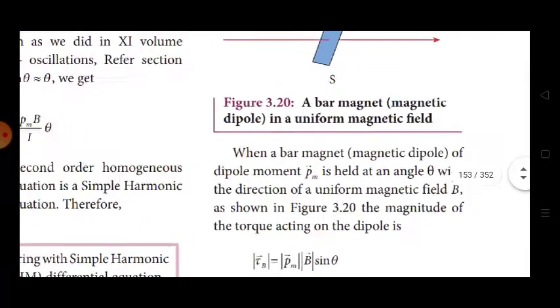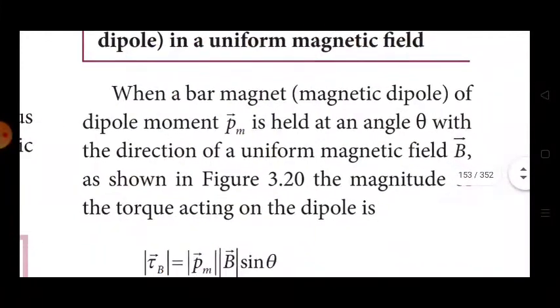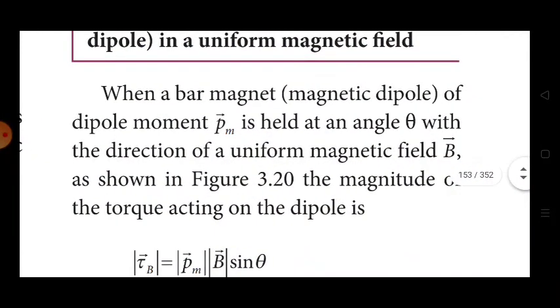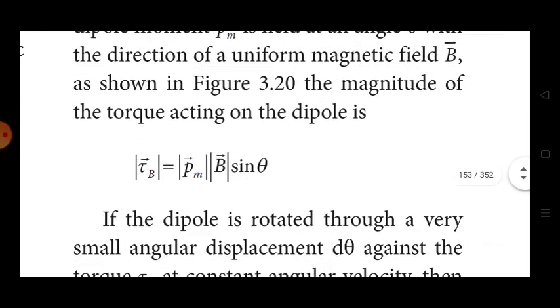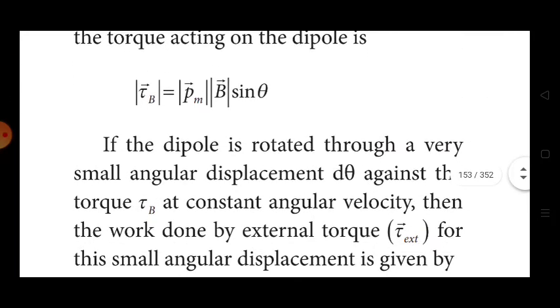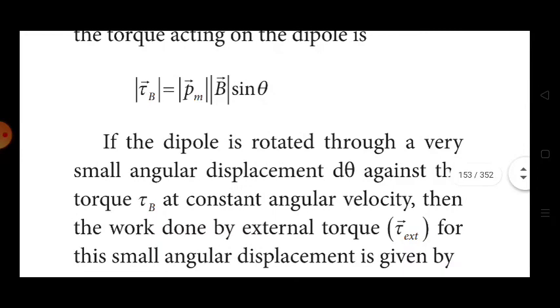When a bar magnet, a magnetic dipole of dipole moment p vector m, is held at an angle theta with the direction of a uniform magnetic field B vector, the torque acting on the dipole is modulus of tau vector equal to p vector cross B vector, that is pB sin theta.